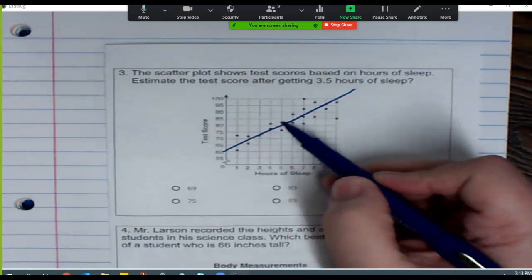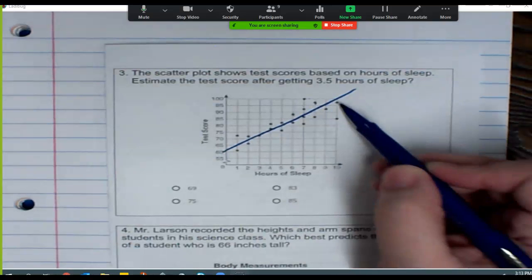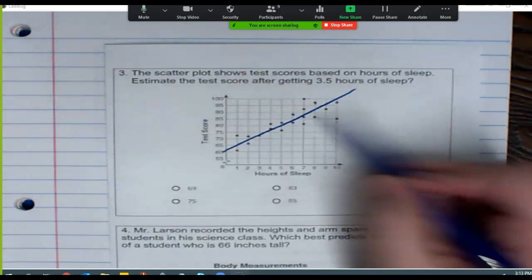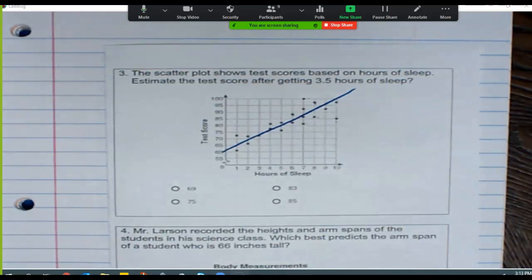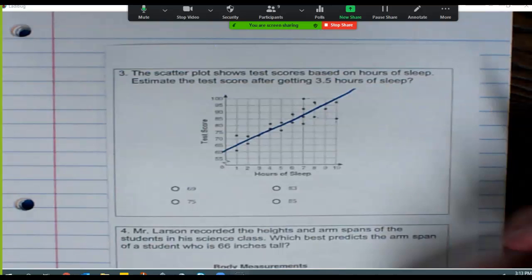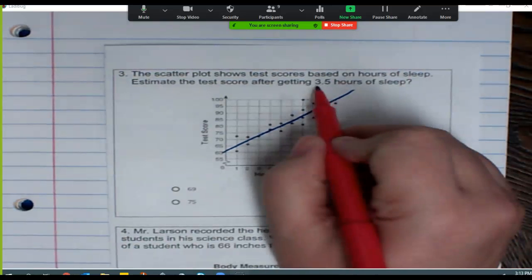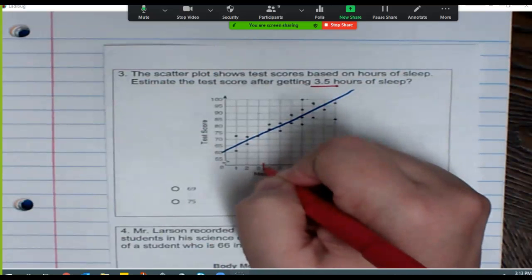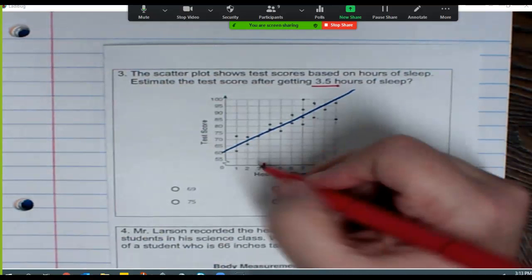1, 2, 3, 4, 5, 6, 7, 8. Those two are really close. Pretty close. All right, so what's the magic number we're looking for, hours of sleep? 3.5. So that's going to be between 3 and 4.